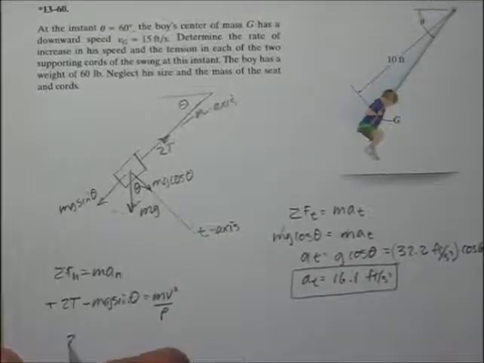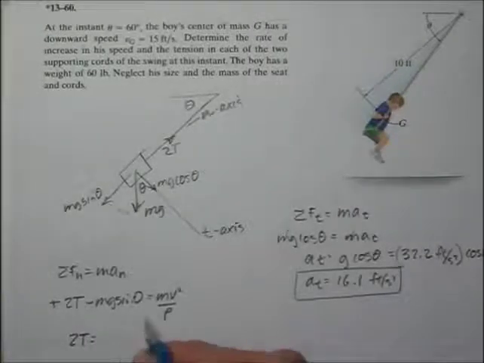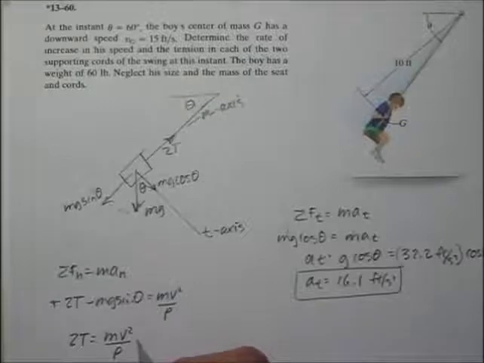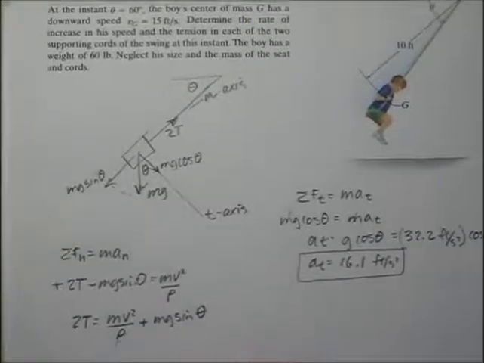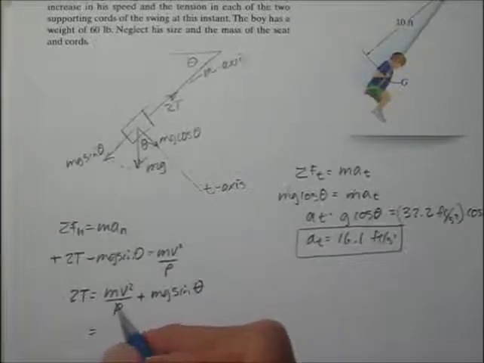All right, so I can set that equal to 2T, and that's equal to mv squared over rho, which in this case is a constant, plus mg sine of theta, and we can fill in the gaps here.